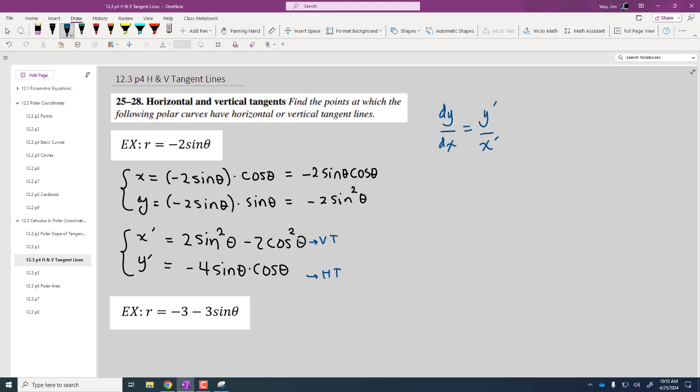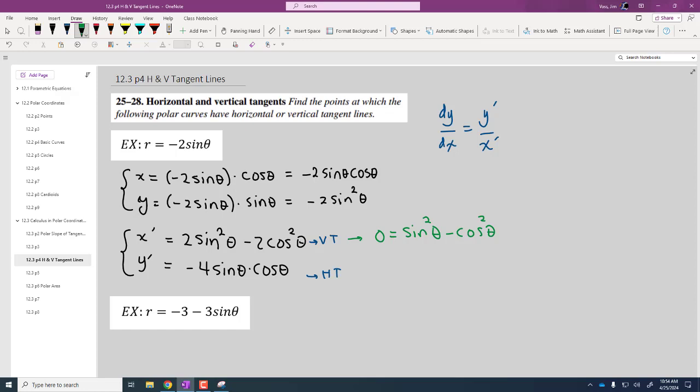So let's see. All right, so to find the vertical tangents first, we're going to set this equal to 0. And if we divide out 2, no problem, right? If we divide by 2. Well, then there's a lot of ways we could do this.